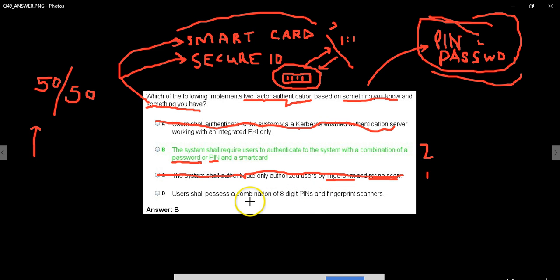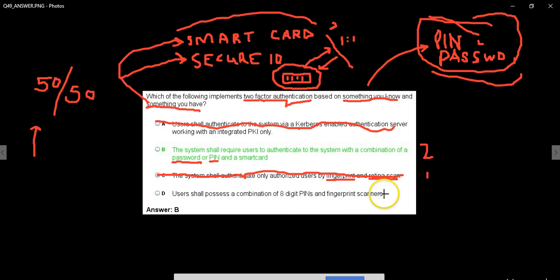because it doesn't say. It says implement, and if you possess a combination, that doesn't mean that you're using it. Some of these questions, the way they word it, you think to yourself, they must have meant this. Well, no, you shouldn't think that to yourself. In this particular case, I have no idea what they mean when they say possess a combination of 8-digit PINs and fingerprint scanners.